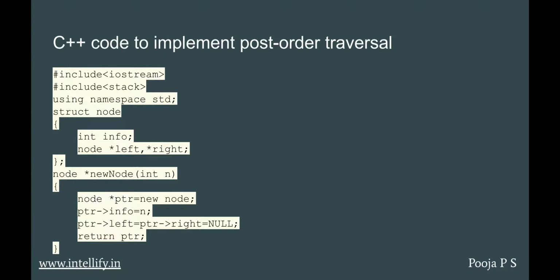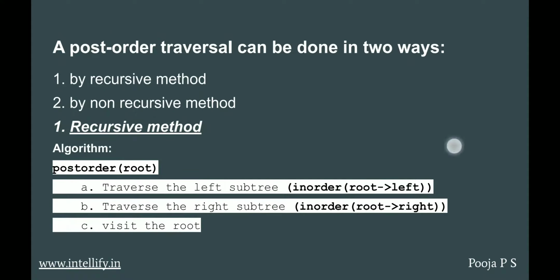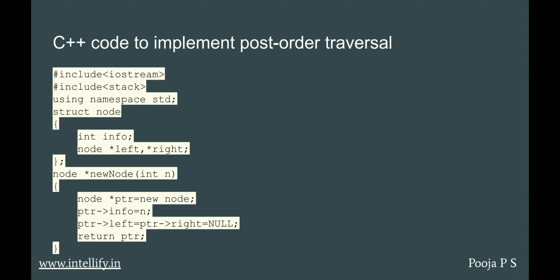And this is the C++ code we are using to implement the post-order traversal. Here we are creating the structure, that is node. Here we have created the variable info and 2 pointers, the left and the right pointer.